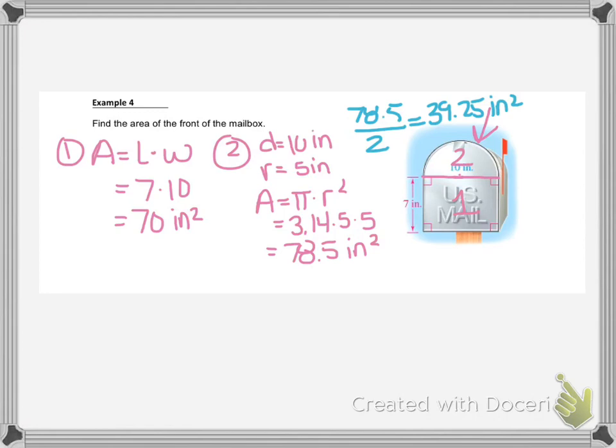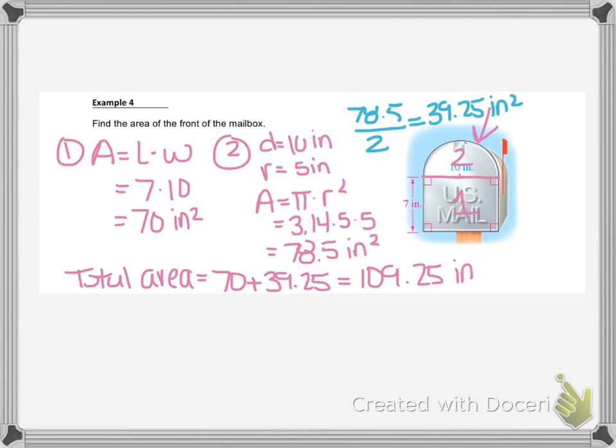So if we want to get the total area, we add the two together, just like when we've done composite figures with rectangles. So 70 plus 39.25 is 109.25 inches squared for the whole entire figure.